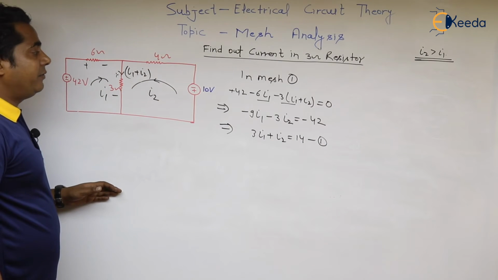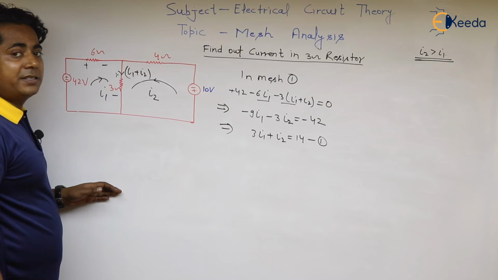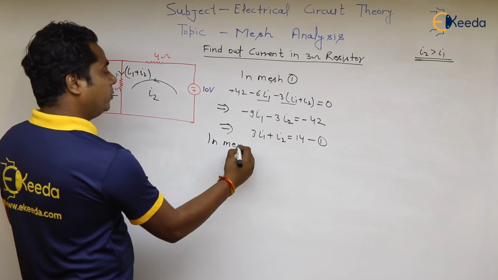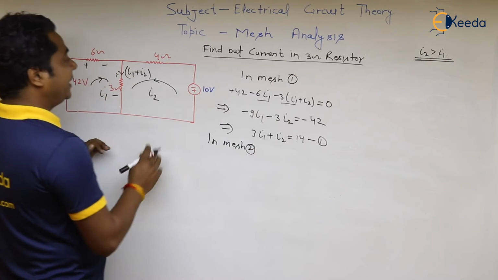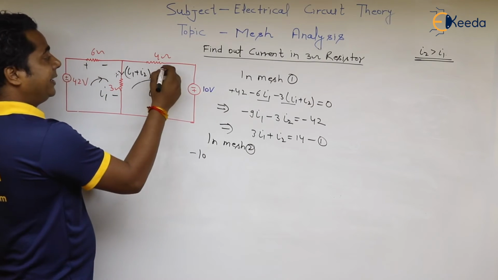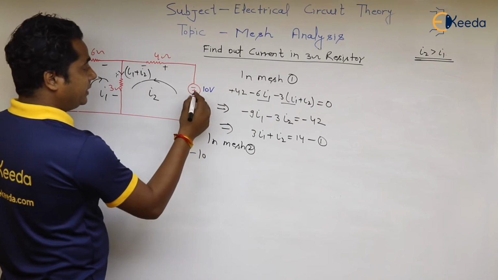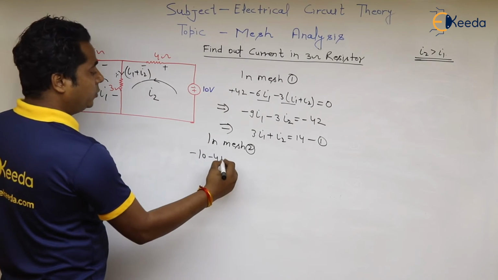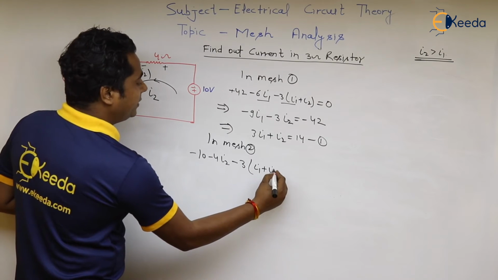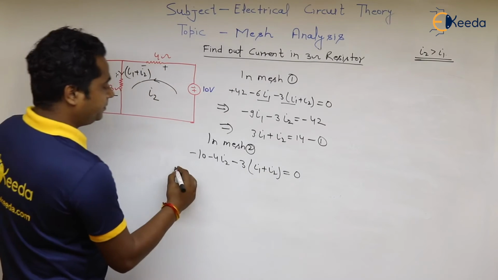And next we are applying KVL in mesh number 2. In mesh number 2, we can apply from anywhere. So plus minus, minus 10 minus 4 I2 minus 3 times (I1 plus I2) is equal to 0.